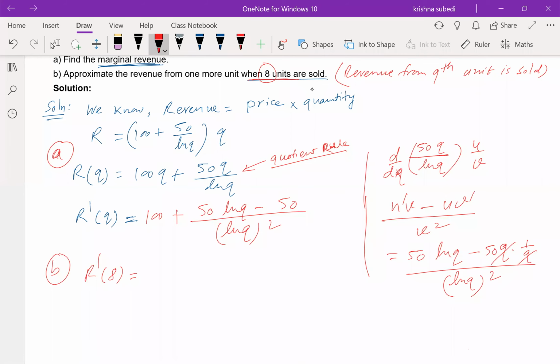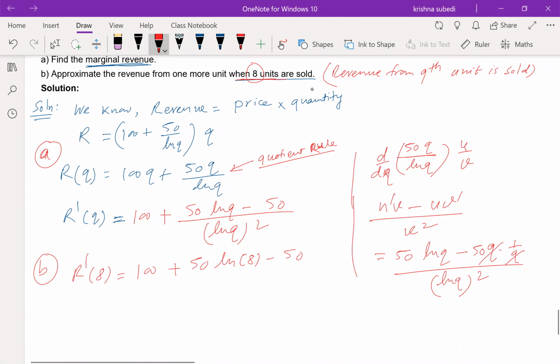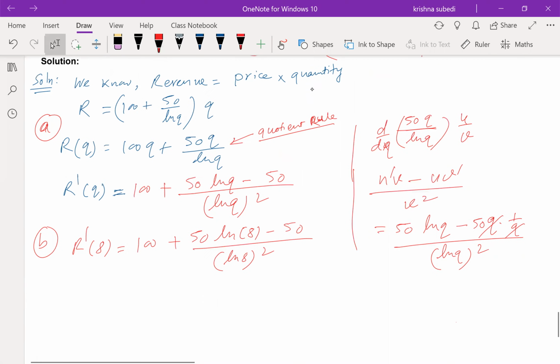And so when you plug in Q equals 8, you're going to get 100 plus 50 ln 8 minus 50 over (ln 8) squared. Can somebody tell me, using your calculator? I don't have a calculator, so let me know what the answer is here.